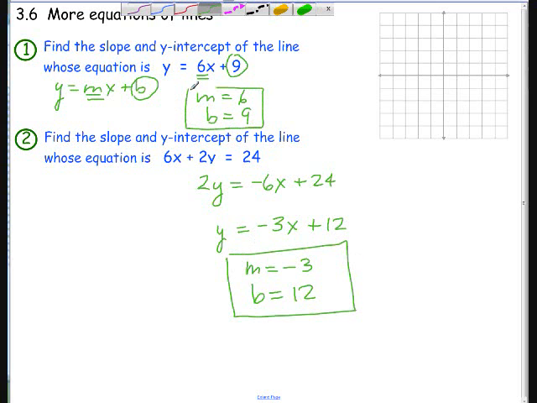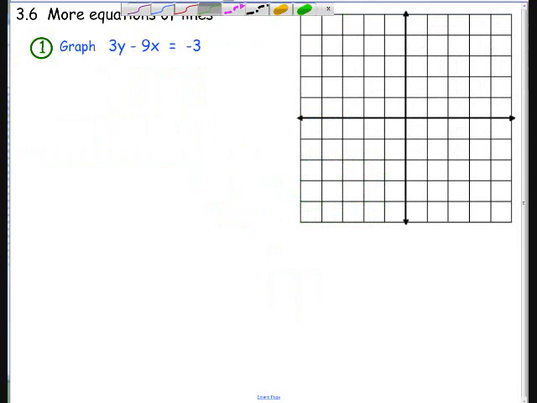Okay, so this is just a quick review of stuff that you learned many years, well, 2 years ago. Maybe even sooner, but 2 years ago anyway. Graphing this one. Because of the form it's in, it might be easier to do the intercepts. When y equals 0, what does x equal?